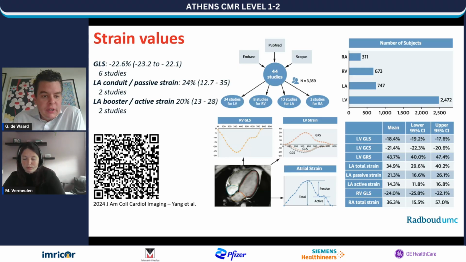And for the left atrial strain, there are also reported reference values that you can see here, 24 and 20% for the conduit or passive strain, and the booster or active strain. The booster active strain is, of course, the atrial contraction, and the conduit or passive strain is just the passive filling of the left atrium. Next slide.